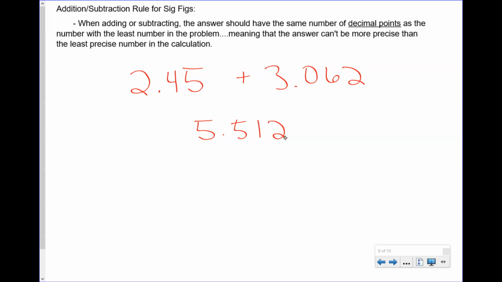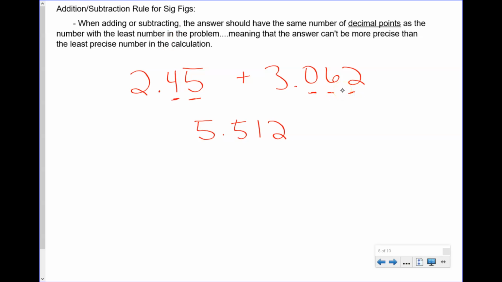Okay, so now, assuming that these are measurements, I've got to use sig fig rules. So according to the sig fig rule for addition and subtraction, my answer can only have the same number of decimal points as the fewest number in my problem. So when I look at 2.45, I've got 2 decimal places there. Look at 3.062, I've got 3 decimal places there.